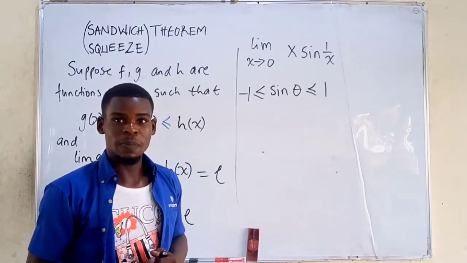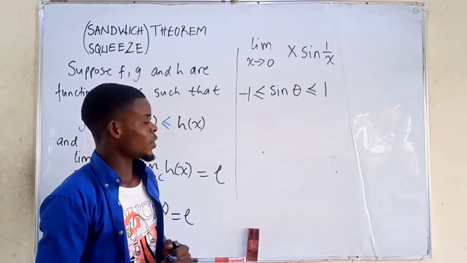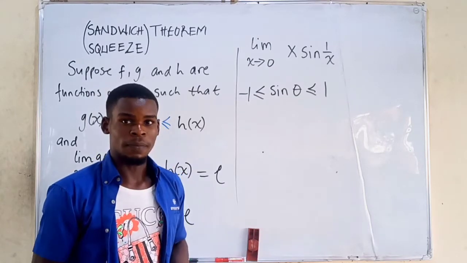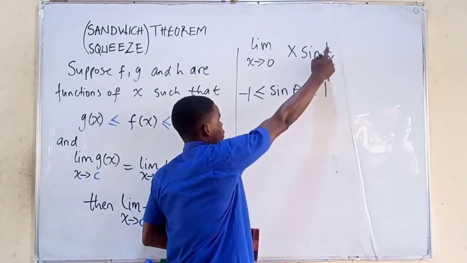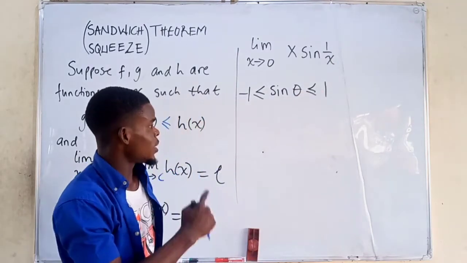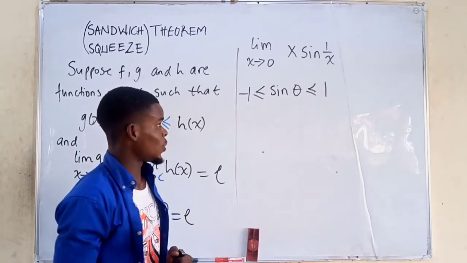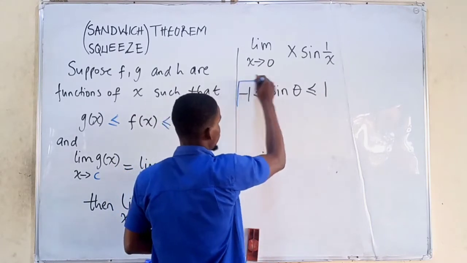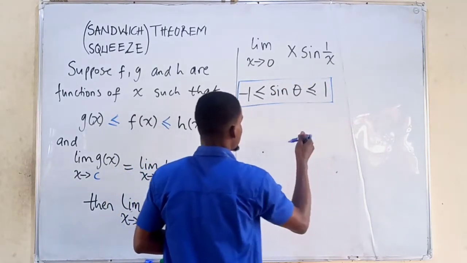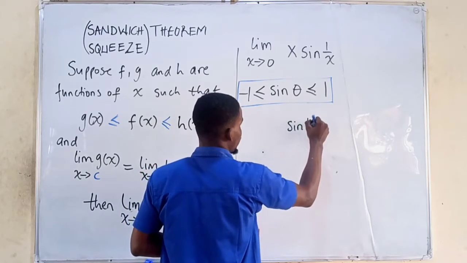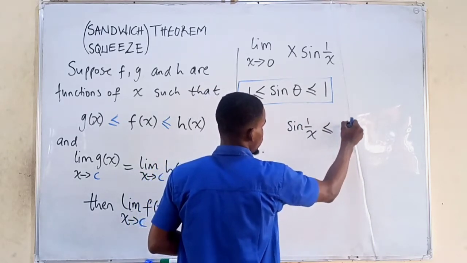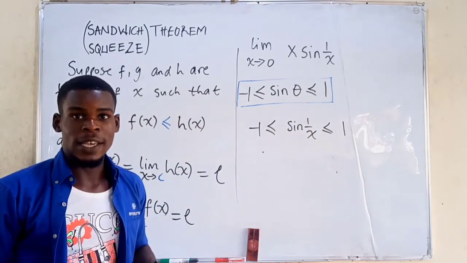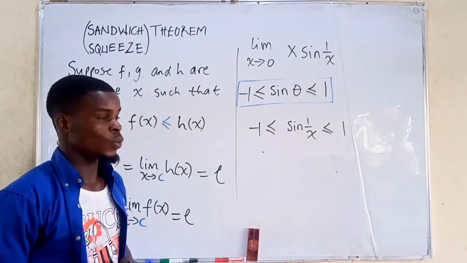Since we know that fact, sine of any angle lies between negative 1 and 1. In this case, observe that our angle here is 1 over x. Theta is just for any arbitrary angle we can have. So we say that sine of 1 over x will lie between negative 1 and 1, where theta is any angle; in this case, the angle is 1 over x.